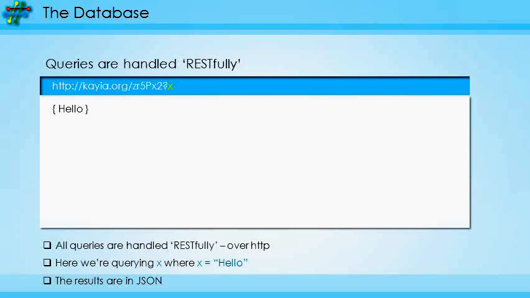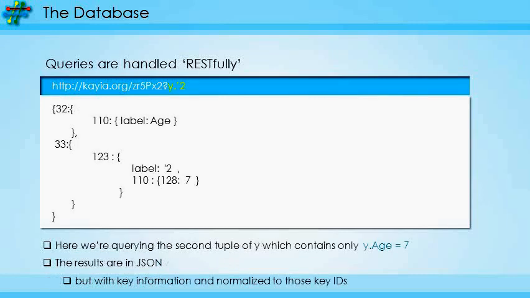Queries are handled by a RESTful service, this database. So you basically query it using, here the default server is on kayia.org, and so you put your user space in and then put the query X. If it was just the A1 value of hello, then that would be what would be returned in JSON. If you had more, let's say you had a table, and in the second row you had just the column age filled out, then it would return a structure like this.